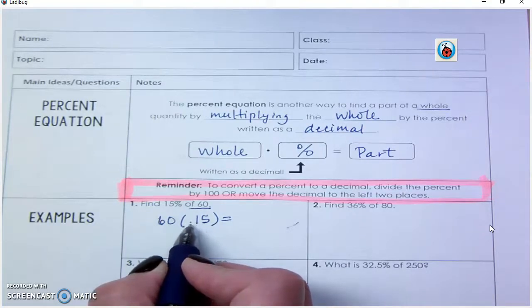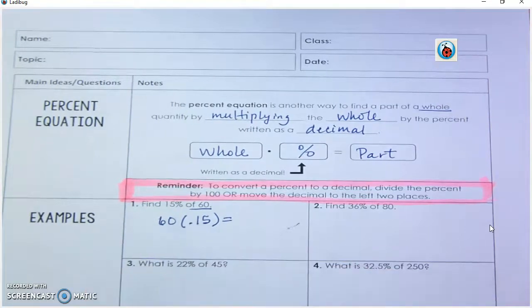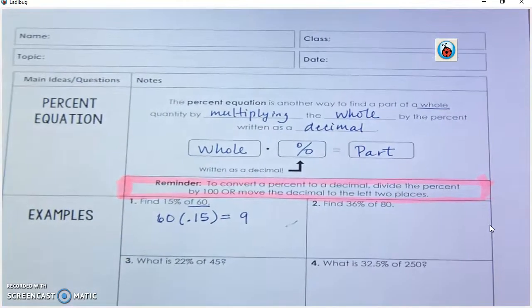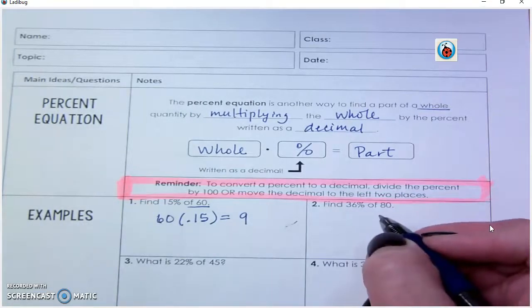It's a very nifty tool, but I don't really need for you to have that knowledge without the calculator. How would you do this without the calculator? We would multiply these two numbers, and you're going to come up with 9. So 9 is 15% of 60.